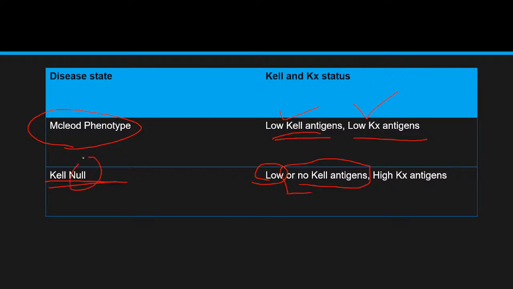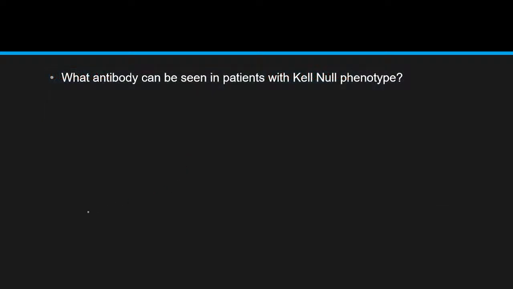Hence the term KEL null. But there is a high concentration of KX antigens. So see the difference? Both are low for MacLeod phenotype. For KEL-null, all KEL antigens are decreased except for the KX antigen. All right.